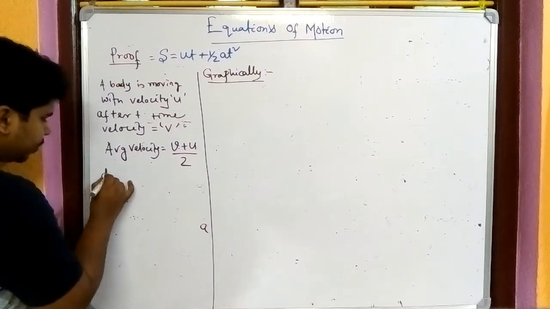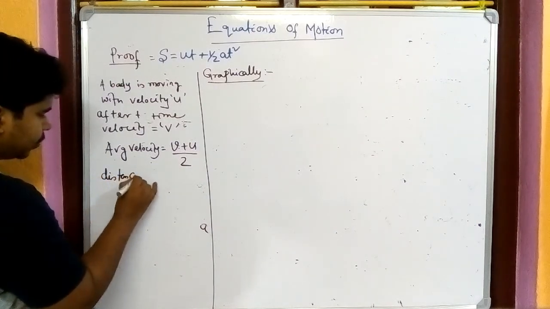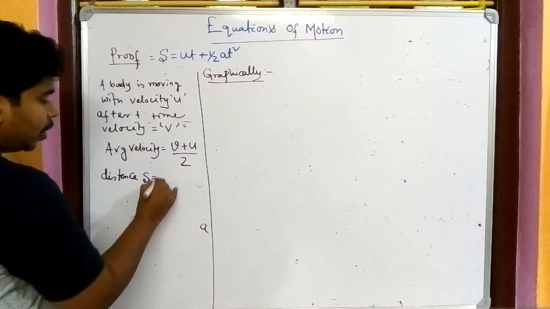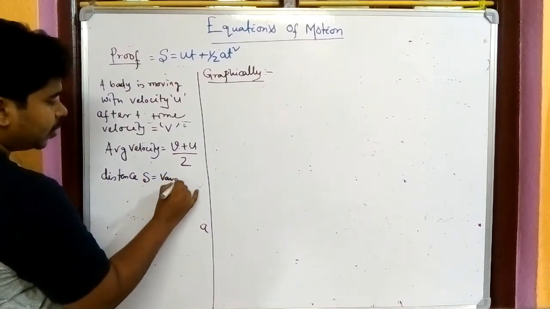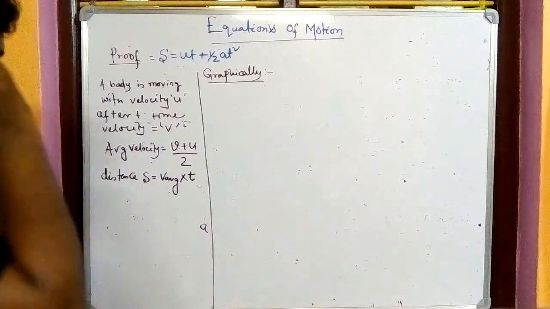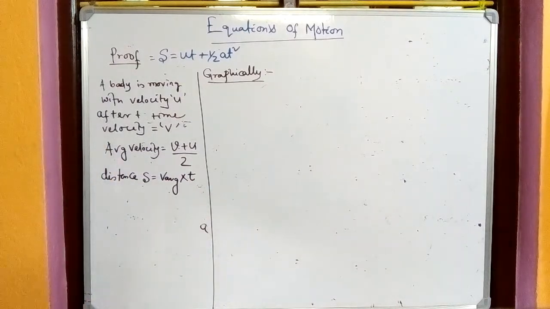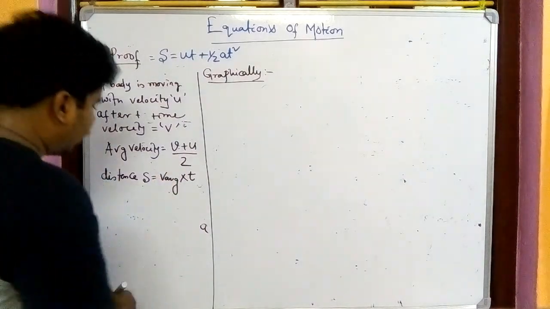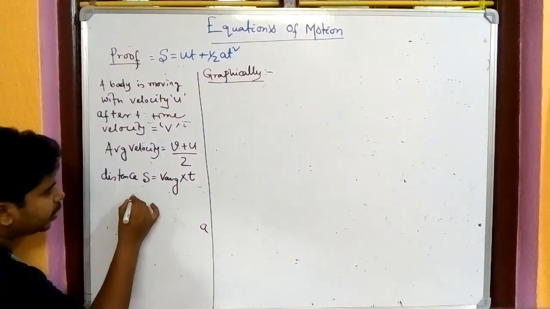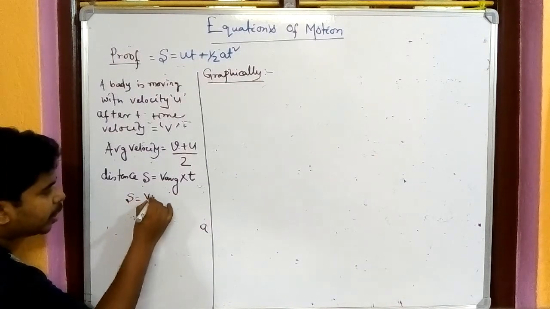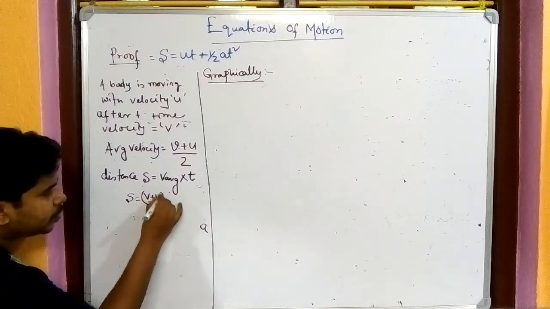Then distance is equal to average velocity into time, because the velocity is not constant, it changes continuously from u to v. So if I want to find the distance, we cannot multiply time with either of the velocities. Instead, I have to find the average one and then multiply it. So S equals v plus u by 2 into t.